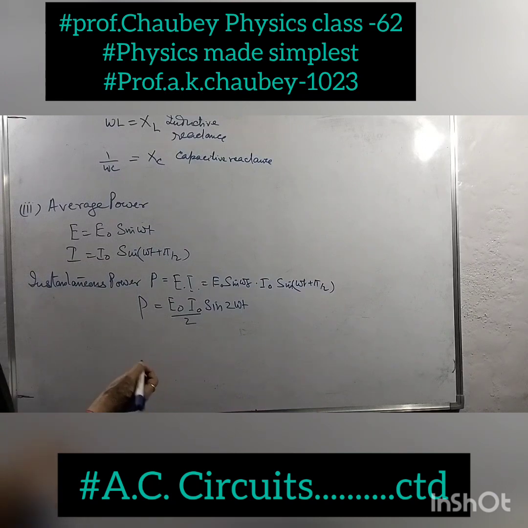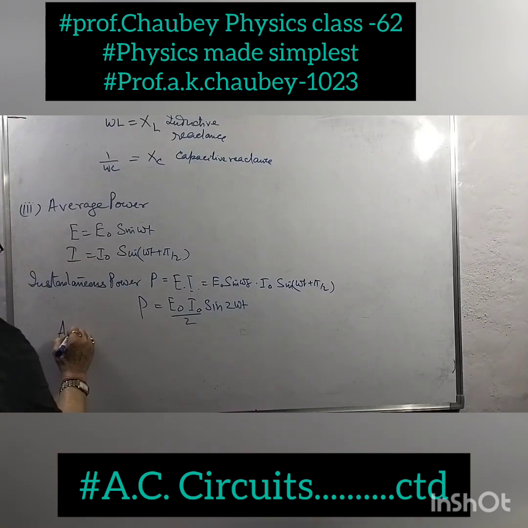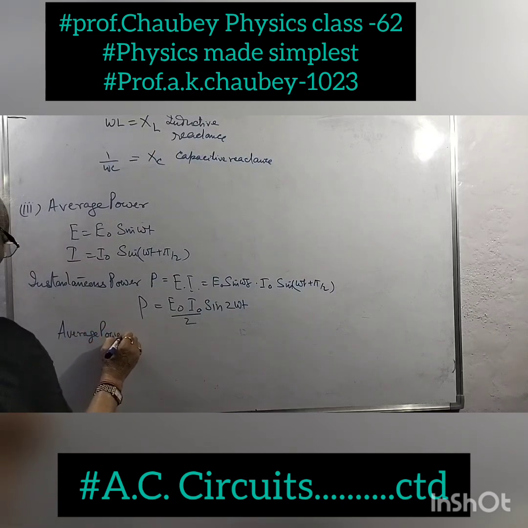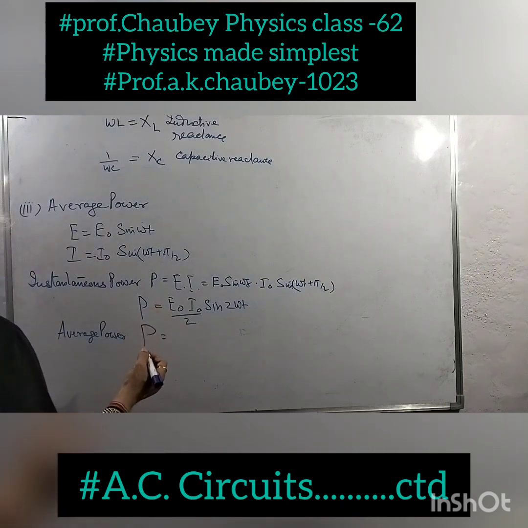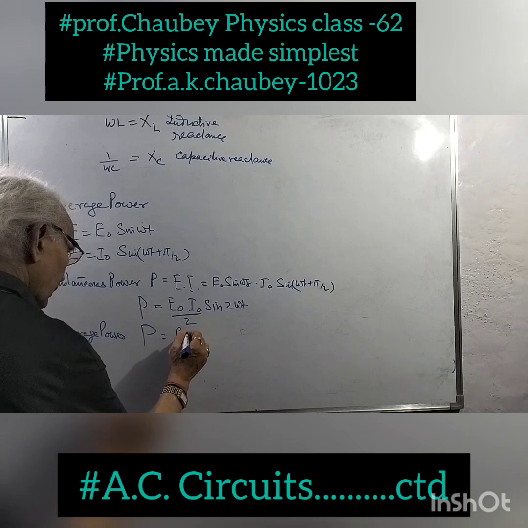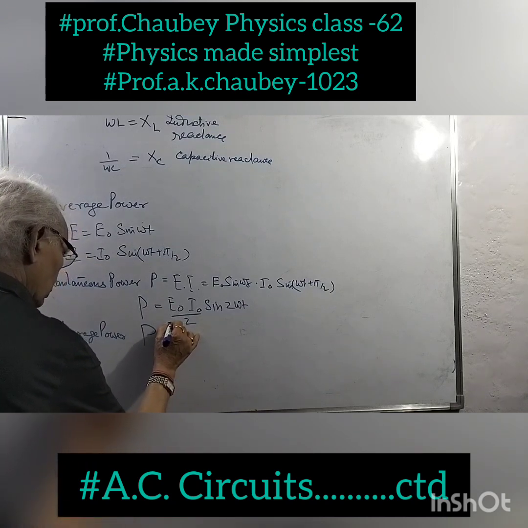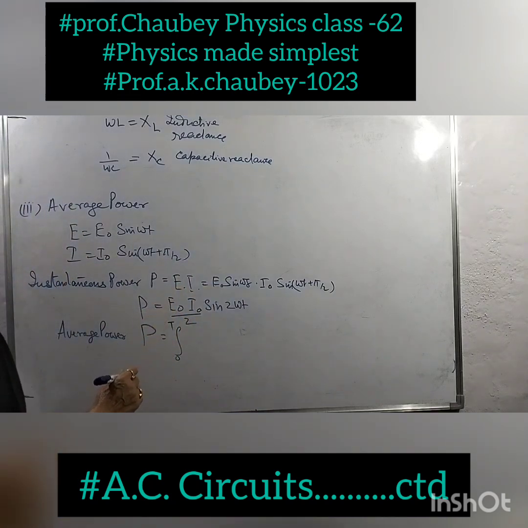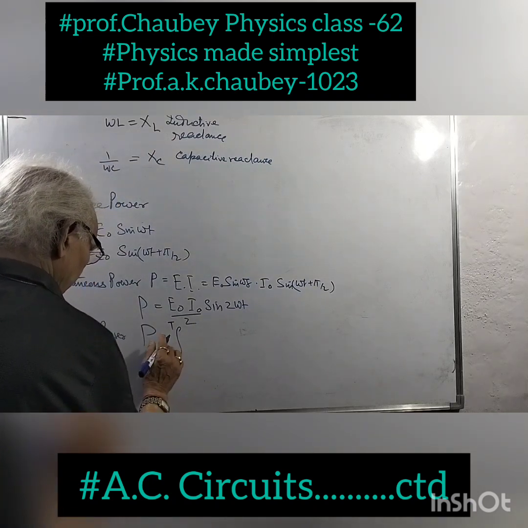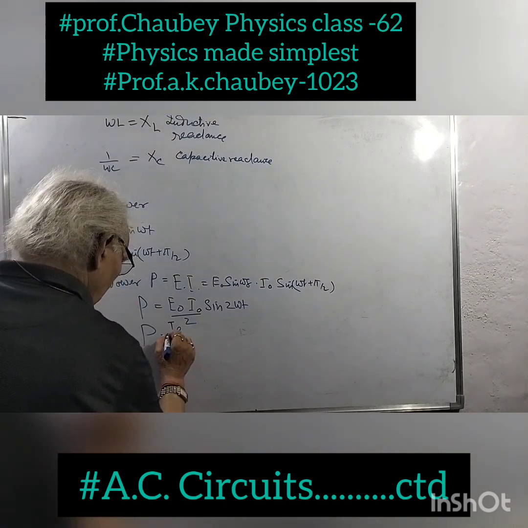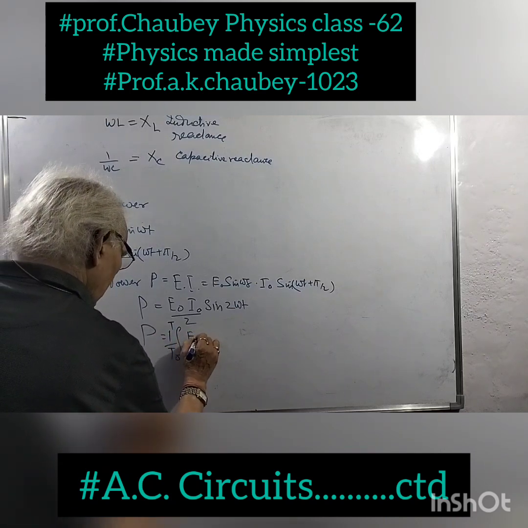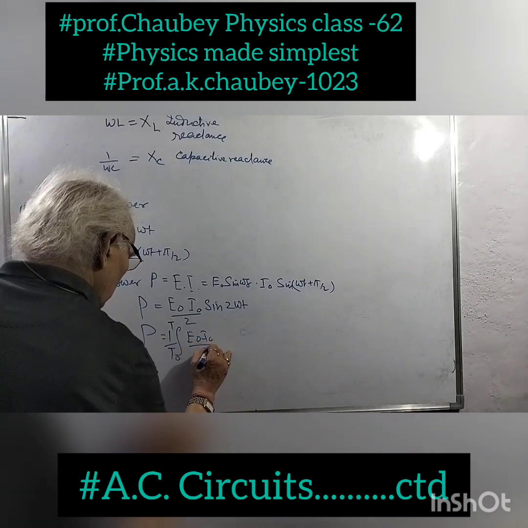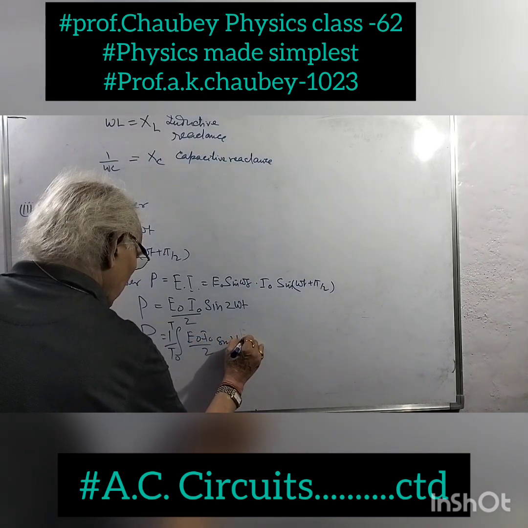This is the instantaneous power. And average power we write by capital P. So this is average power, meaning the integral over time from 0 to T, one complete cycle, divided by T, of E naught I naught by 2 sine 2 omega t.